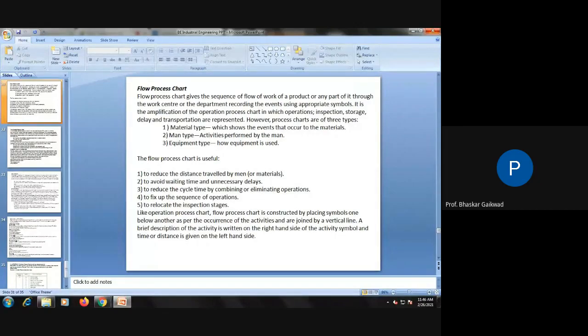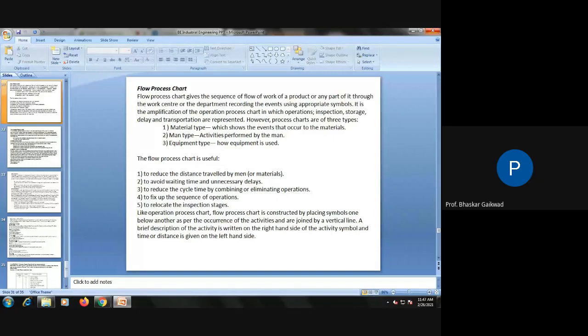Suppose one shaft is there, turning and facing operations we can do on the lathe machine, but for the keyway operation we require a milling machine. But we have certain separate attachments on the lathe machine, so the keyway also we can manufacture. Means there is no need to move the job from lathe machine to milling machine. This movement we can reduce.